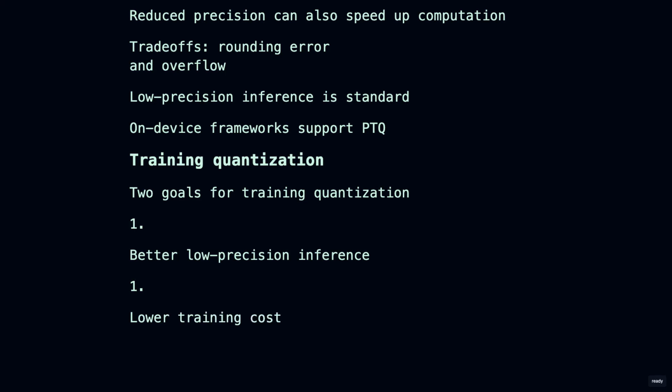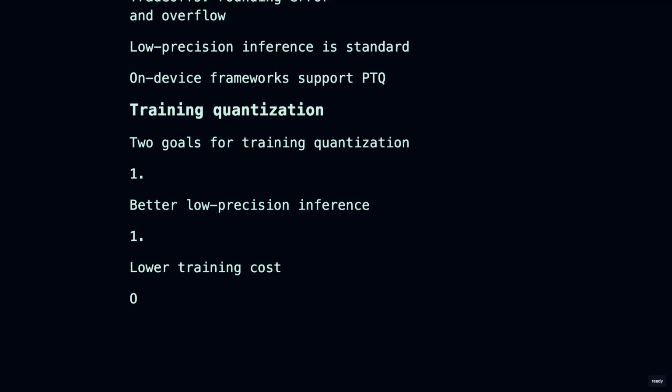It can also be a training efficiency tool, especially when compute budgets are tight. A single quantization method may target inference quality, training efficiency, or both. The key is to be clear about which objective you are optimizing.